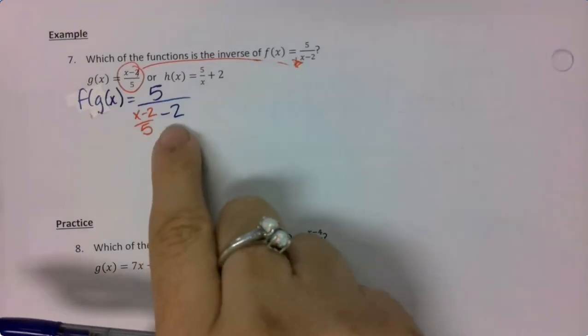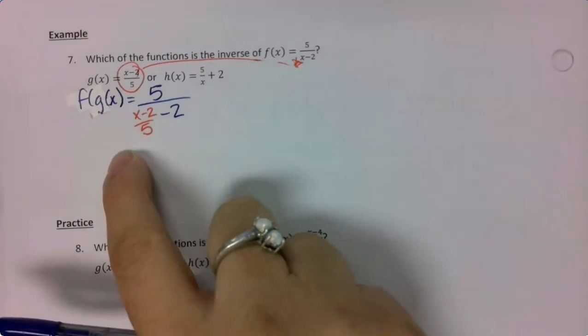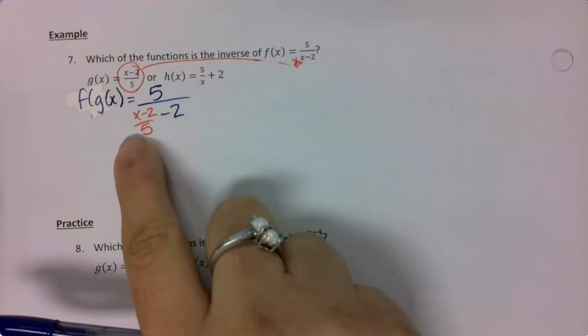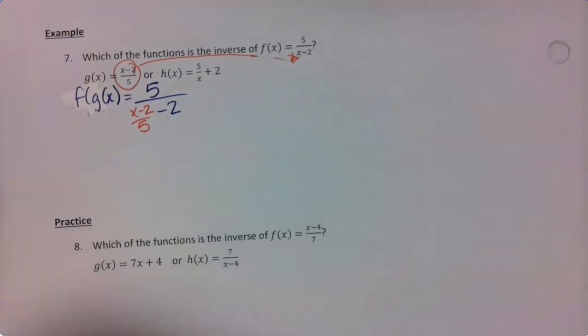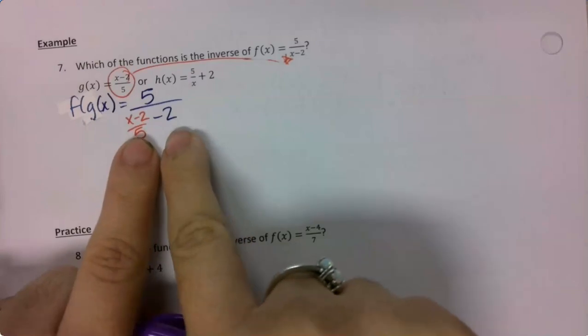Does this 2 have the same denominator as this 2? I want to make it have the same denominator right now. I have to have the same denominator on the bottom of the fraction before I can flip it. So because these have 2 different denominators, I can't flip it yet.